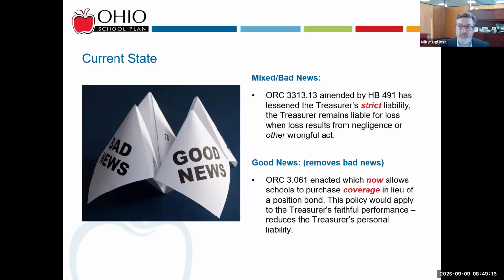So if your superintendents or your treasurer and business manager, or maybe even some of the board members were bonded and they're in the middle of their contract, there was question around if they could do that or have to wait until their contract came up, and the legislature did clarify that. So there's been some good developments in how the risk can be financed and covered and addressed, and when to do it, and it has also lessened that strict liability to some degree.